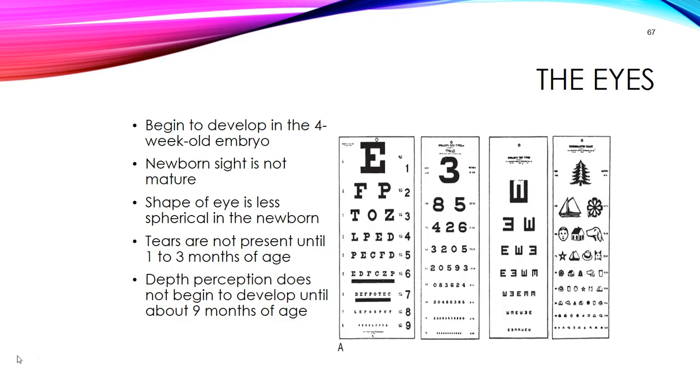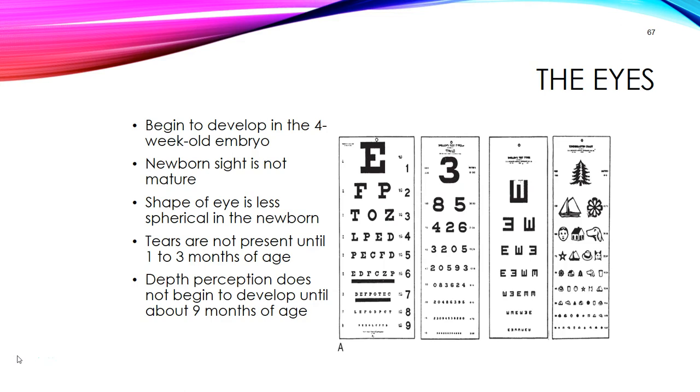So when we're talking about the eyes, they develop very early. Newborn sight is not mature. Technically, newborns are legally blind when they are born, and it gets sharper and sharper. They see best sharp contrasts like black and white and those primary colors. Those pale colors we use for newborns just don't work.